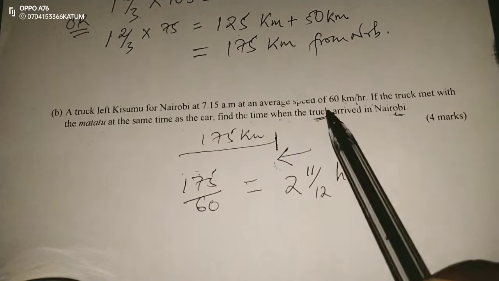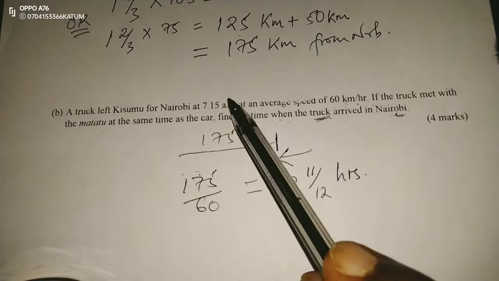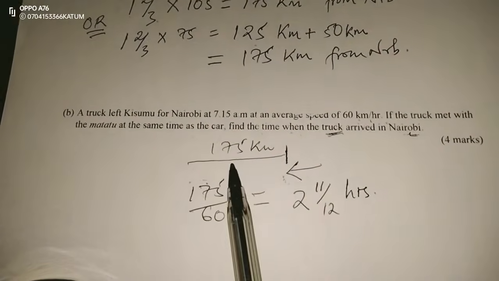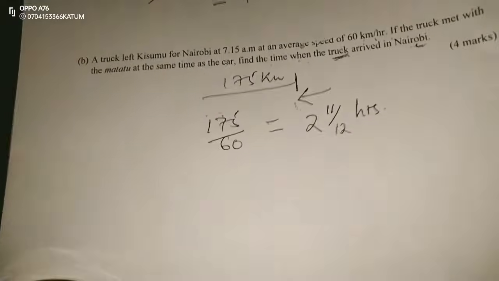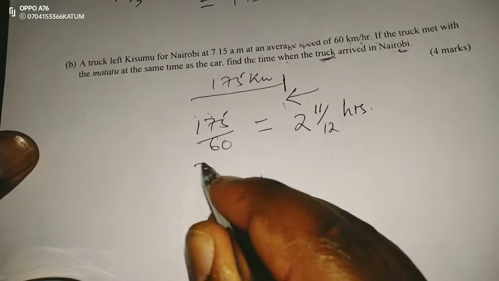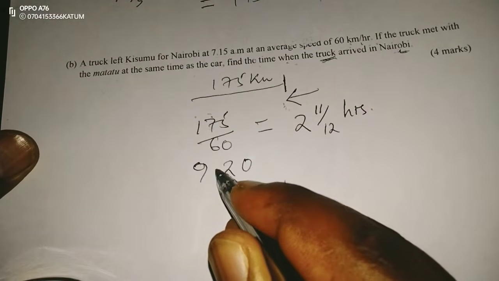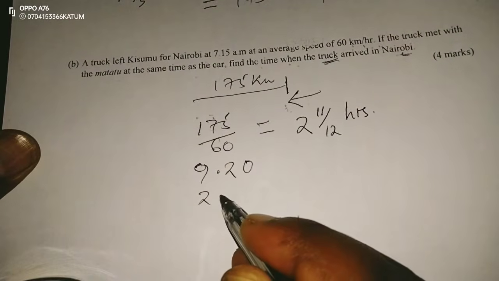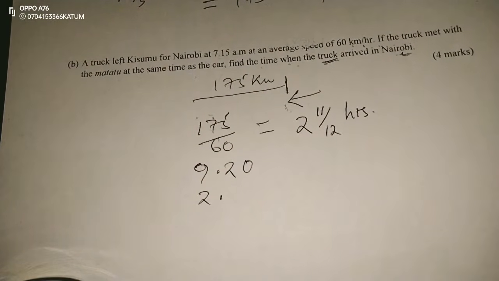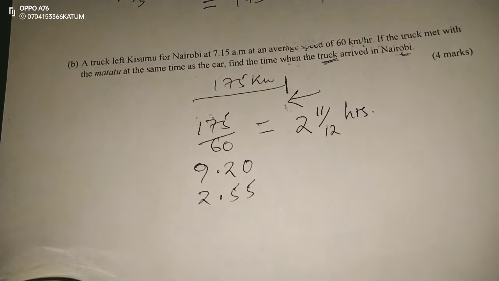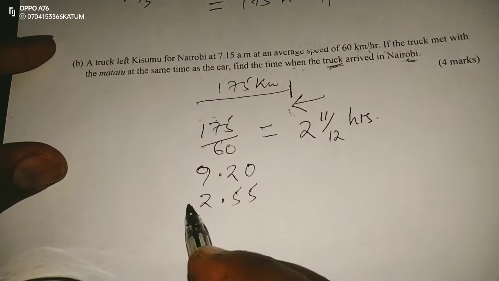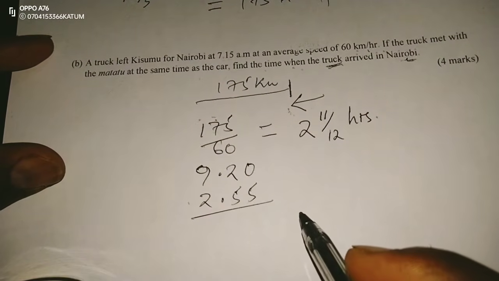And remember the time when they are meeting is the time of catching up, and that is 9:20 a.m. So from 9:20 a.m. we are going to add 2 hours, and we convert the 11 over 12 to minutes, sorry, by multiplying by 60. That is going to be 55 minutes. 2 hours, 55 minutes we are going to add, because that is the time the truck is having to continue traveling.